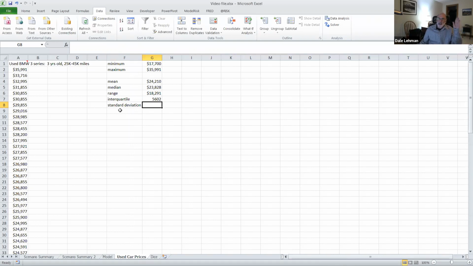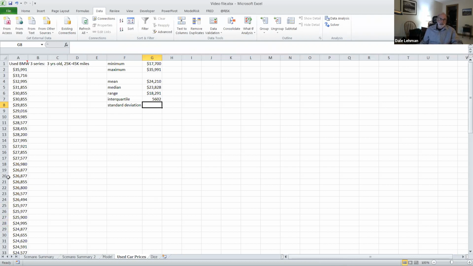what it means. And the formula makes it not easy to understand, because what you actually do is look at each of these values, see how far it is from the mean. So you subtract the mean from each of these values, you square that amount, you add that up for all of the values, then you take the square root and you divide it by the number of data points you have.